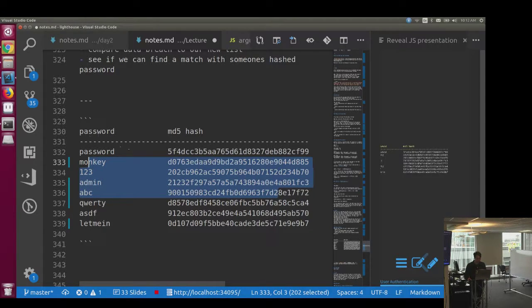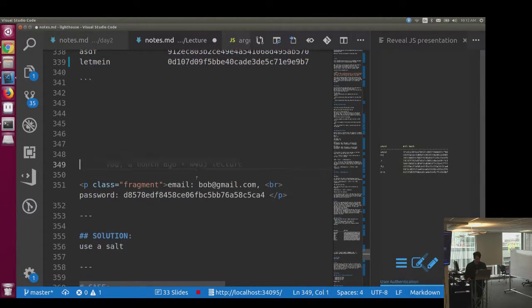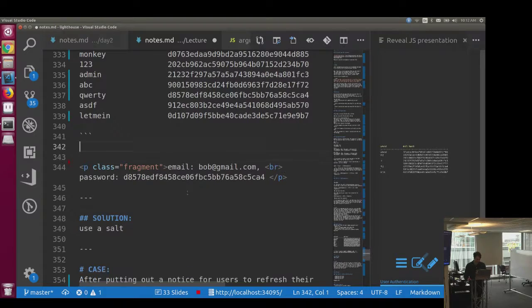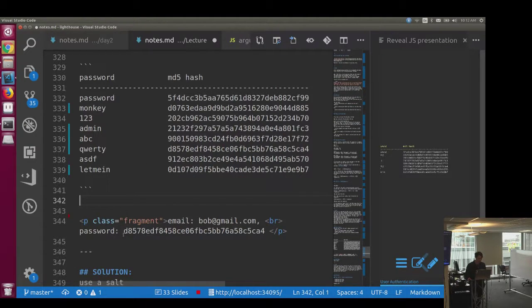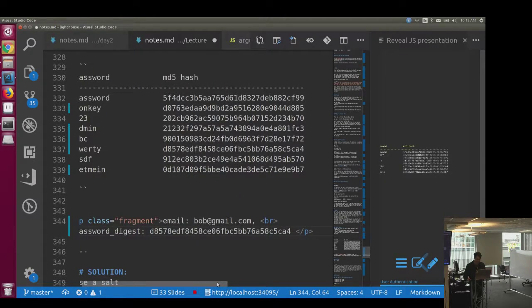So we build up this hash table that we have, even with our limited number of passwords, and then we look in the database that we stole from Bob and Alice. We see the email bob@gmail.com, and the password associated with it, or the password digest, meaning it's been converted into a hash, and we see this hash.